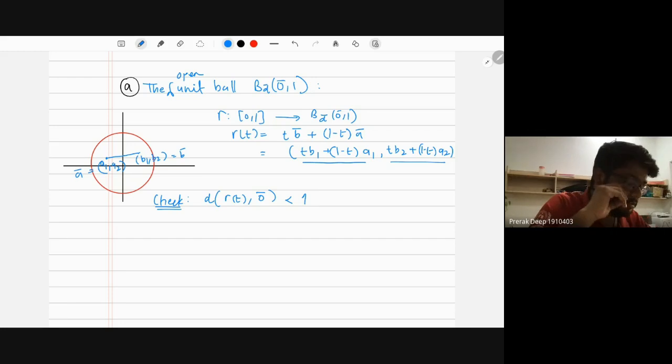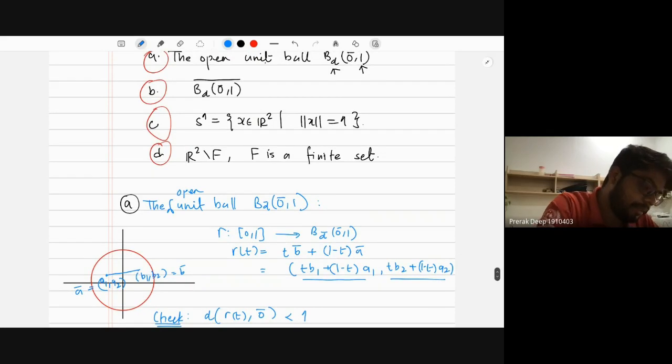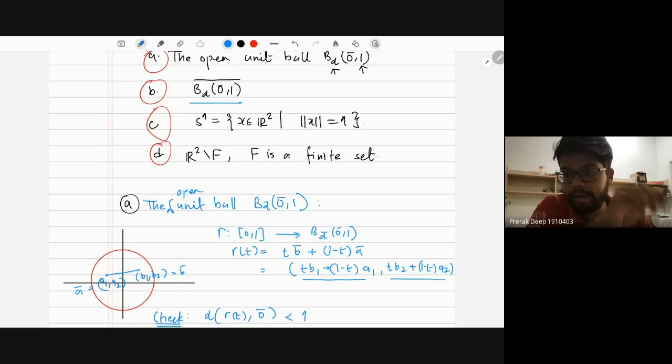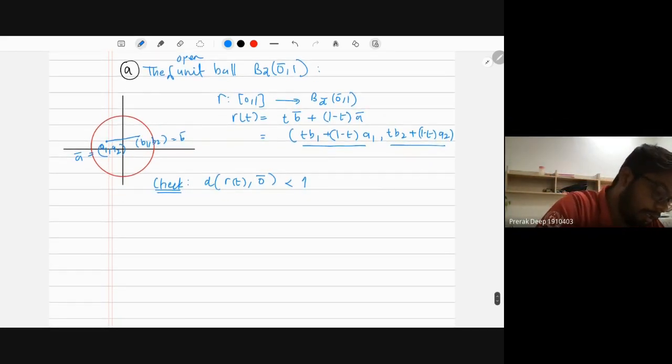Okay. So this is where I leave the proof for you guys to do. The similar thing holds true for the closed ball B_d, where we include the boundary as well.